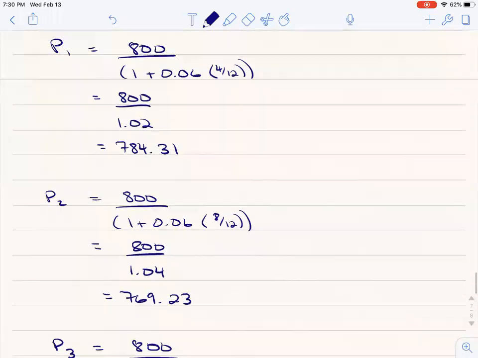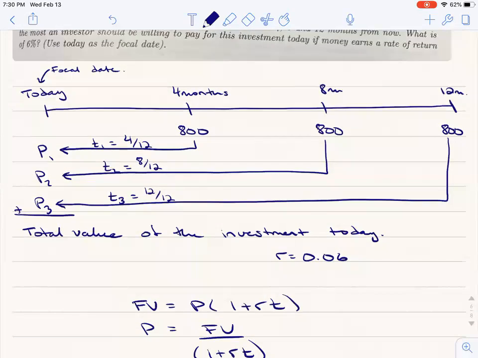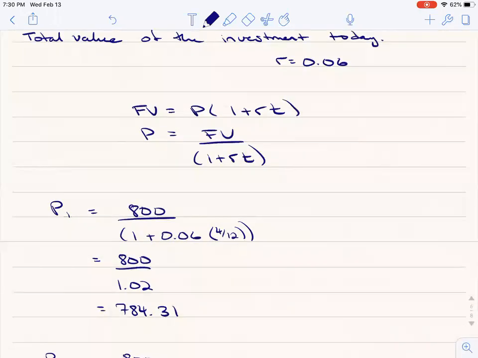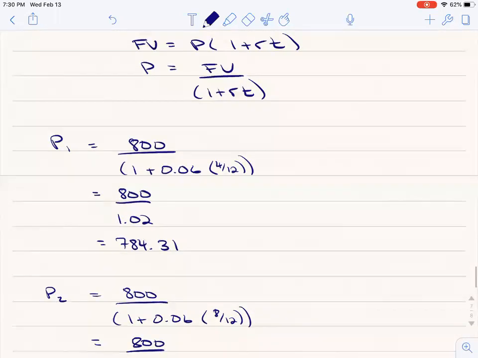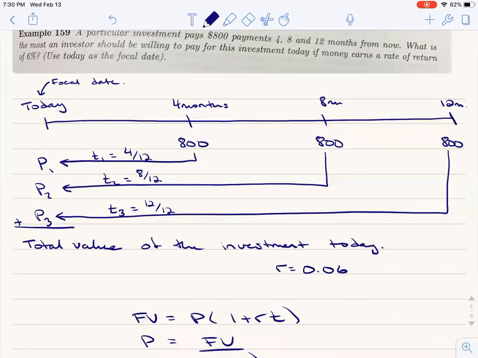What we were doing here, because notice that each of these values, right, looking at P1 has a present value of 784.31. So 784.31 here, if it sits there at 6% for 4 months, it'll grow to 800. Right? And so working backwards, when we're taking this 800 and turning it into a P, what we're doing is discounting, right?